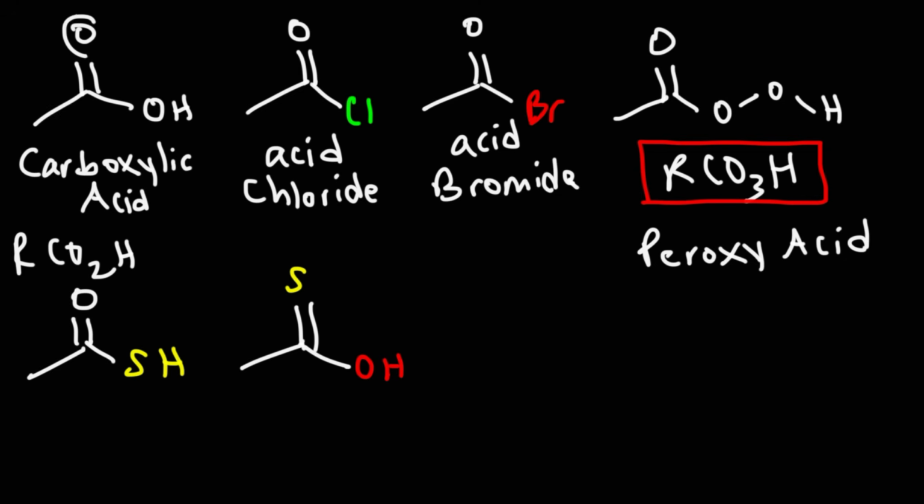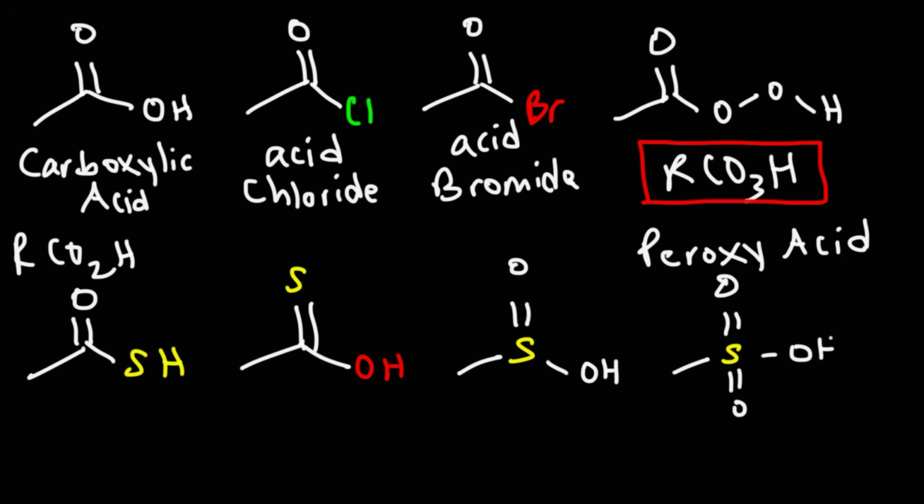Now, what if we kept this the same and replaced that carbon with a sulfur? What would you call that? And what if we add another double bonded oxygen to that sulfur? So what are the names of these different functional groups?